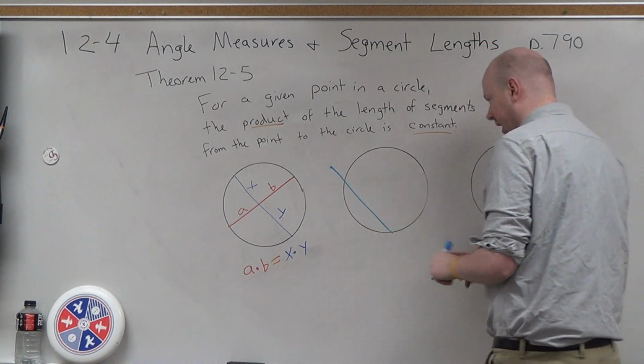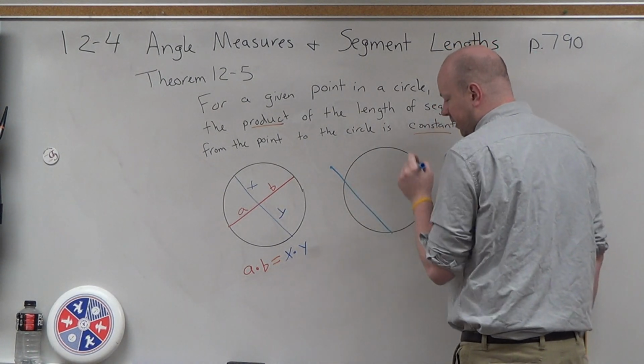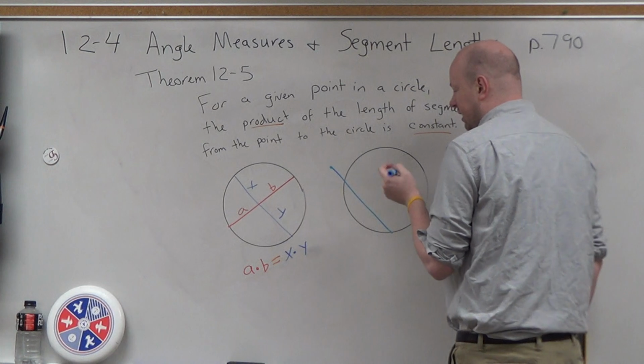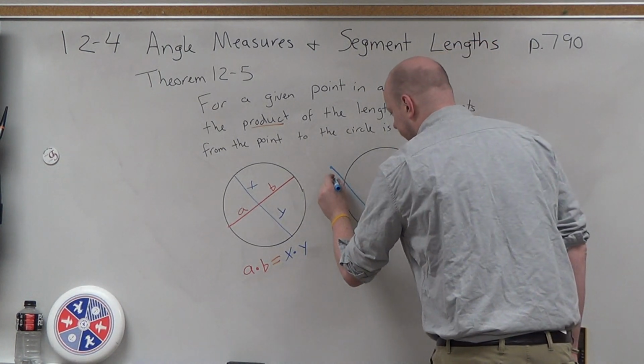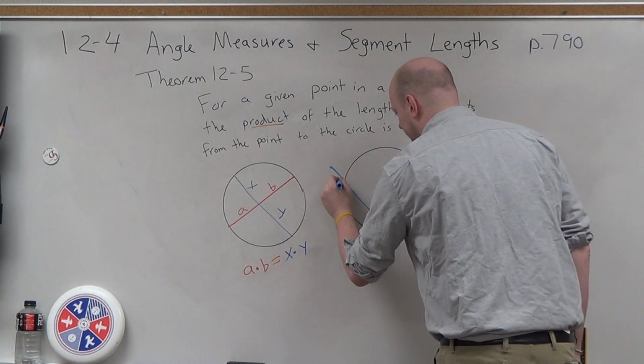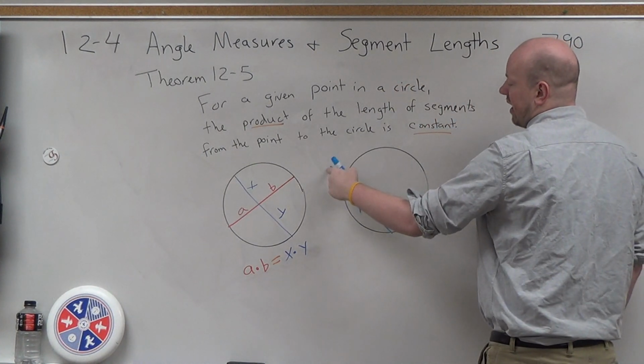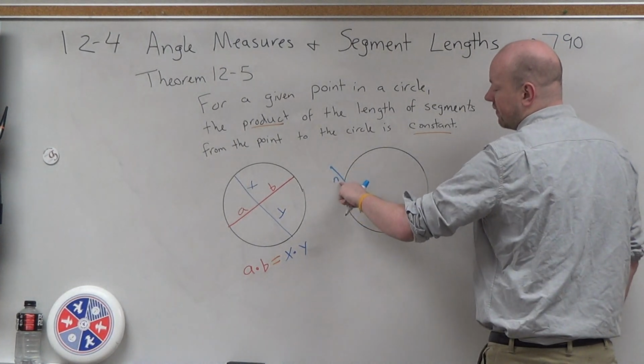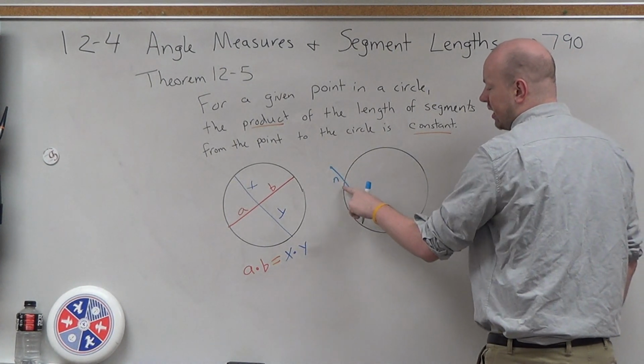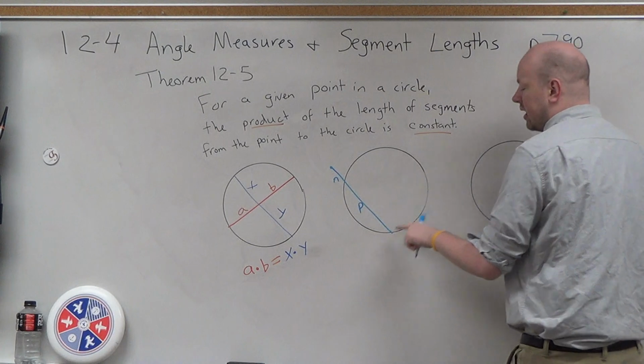So let's see, I've already used A and B and X and Y, so let's say we have N and P, where N is from my point to the edge of the circle, and P is from the edge of my circle to the edge of my circle.